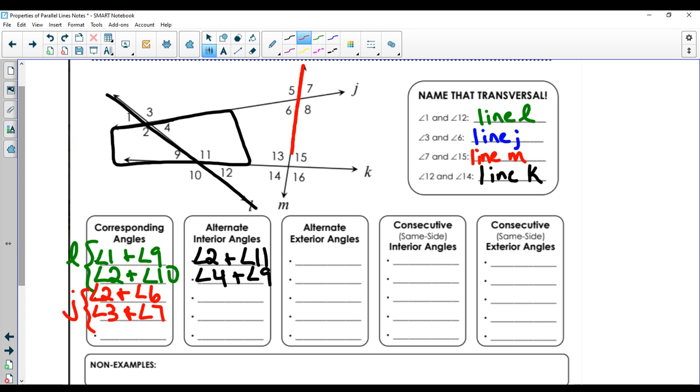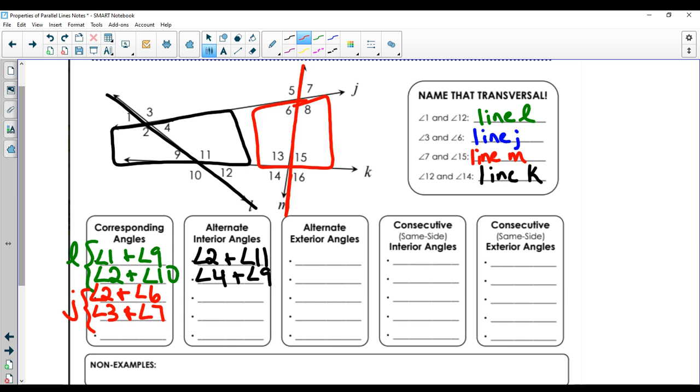Let's look at L now. Or I'm sorry, excuse me, M. We're still going to talk about J and K as the two main lines, but now we're going to look at M as our transversal. This time, those are your interiors because they're inside.